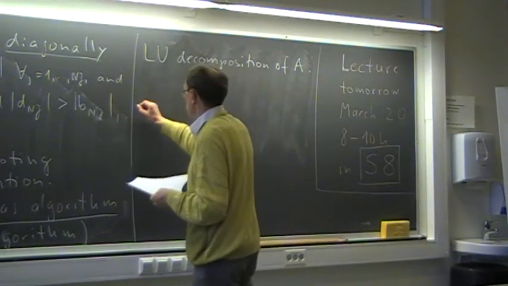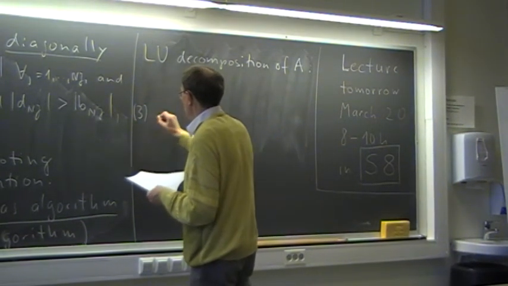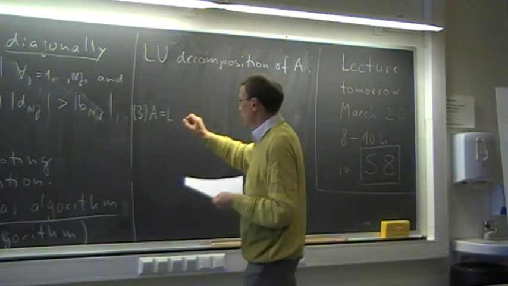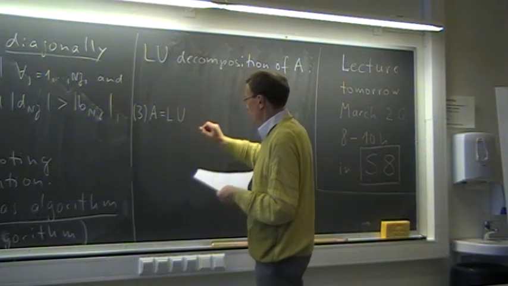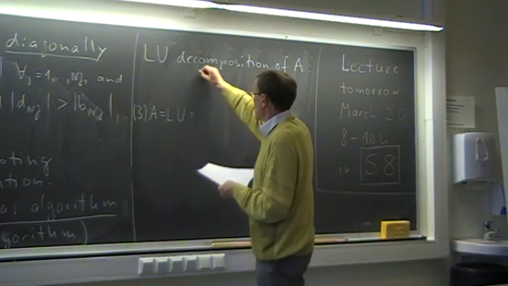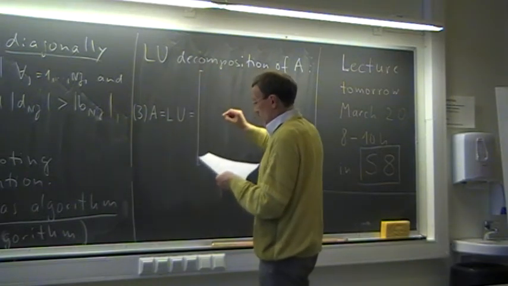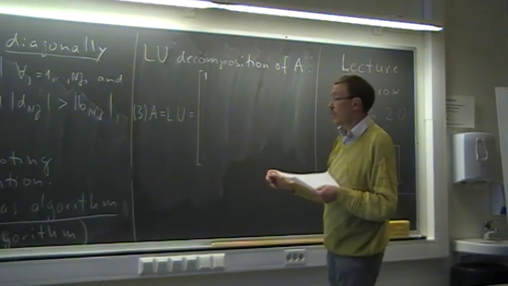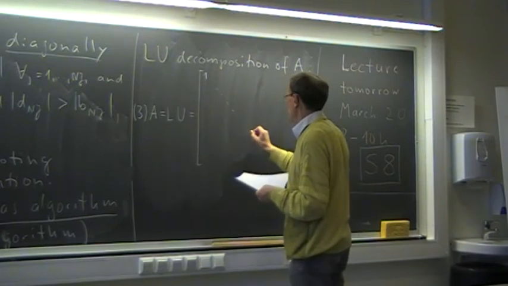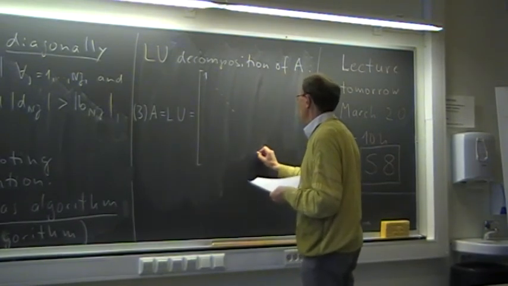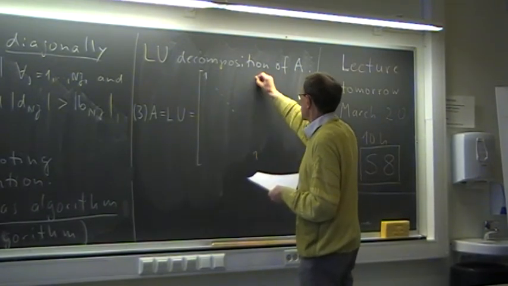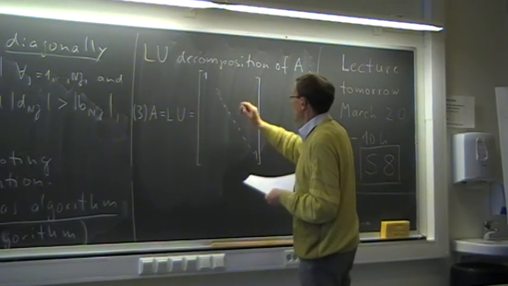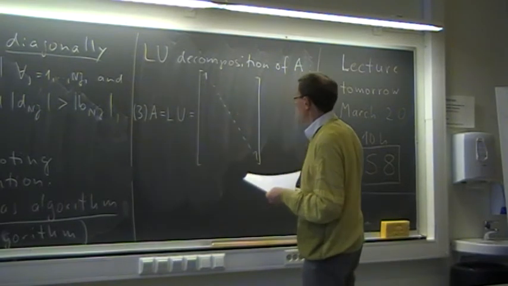We assume that we can write our matrix A as a lower triangular matrix times an upper triangular matrix. That is, we assume the following form. In the lower triangular matrix, we have only ones in the diagonal.